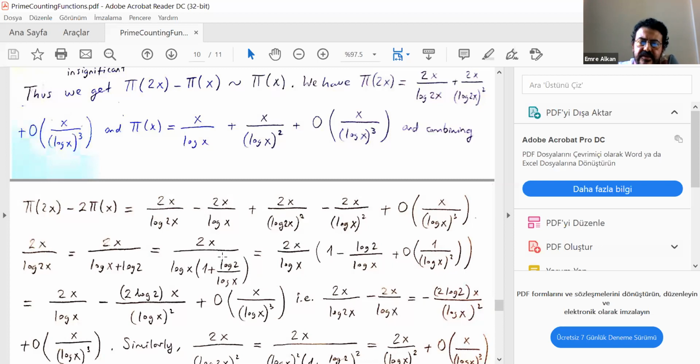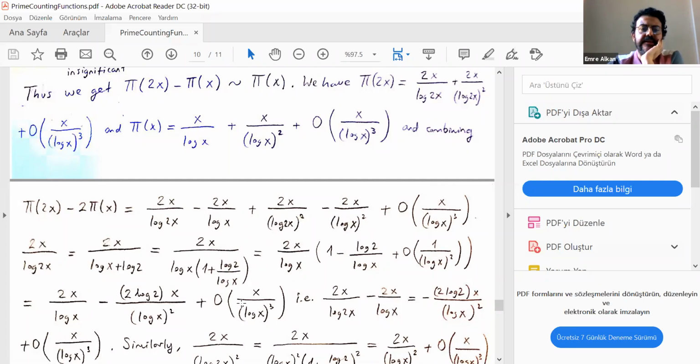And you can use the geometric series formula. So this is like 1 minus, since I have a plus, it becomes a minus here, 1 minus log 2 over log x plus higher terms, which are small because they are like O of 1 over (log x) squared. So I can definitely write this for this. And then I can multiply.